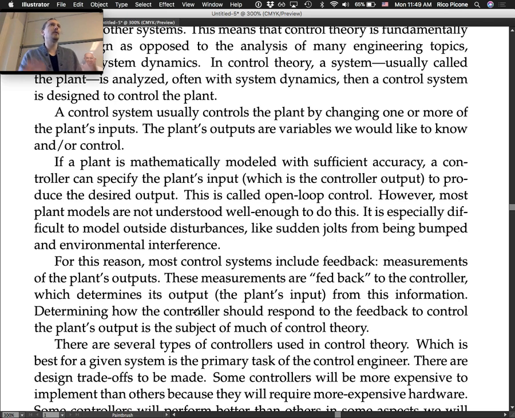So how do you make decisions when you have a measurement, say it's going at 3 meters per second right now and the goal is 3.2 meters per second? How do you change your input, say your voltage to the motor? What's the decision that you make as a controller? This is what control theory is all about.